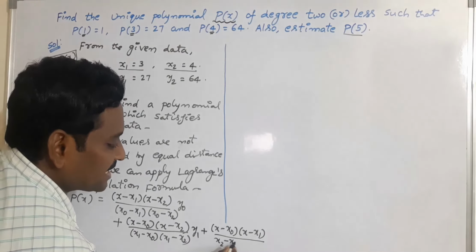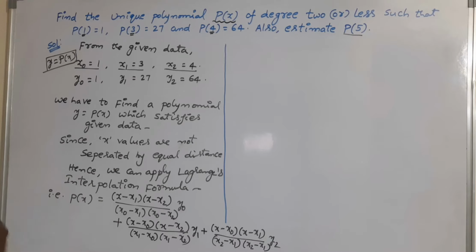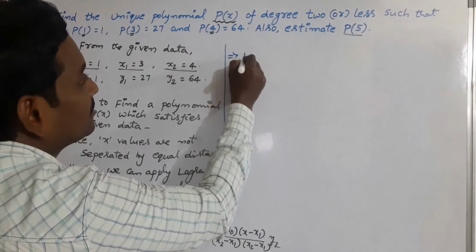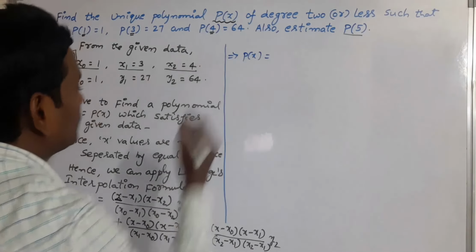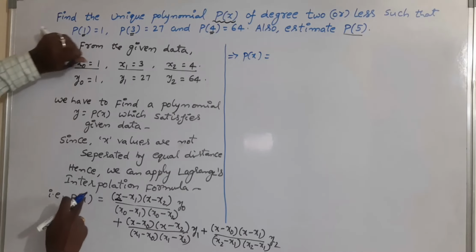Okay, whenever we are going to find a polynomial in terms of x, just replace x by x only. We should replace x by x only. Okay, so you will get p of x is equal to x minus, close the term x naught.